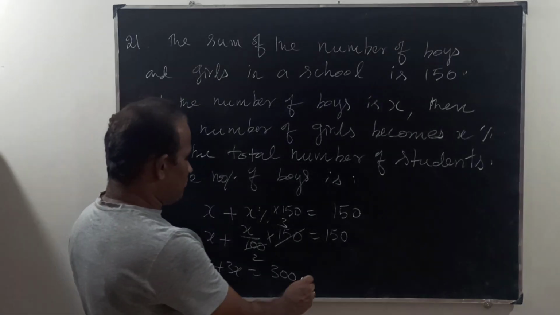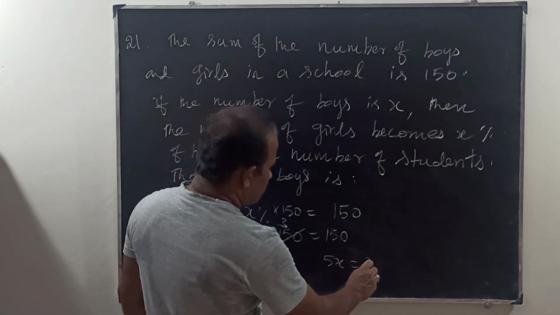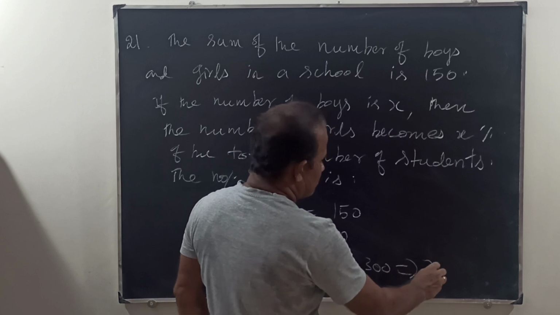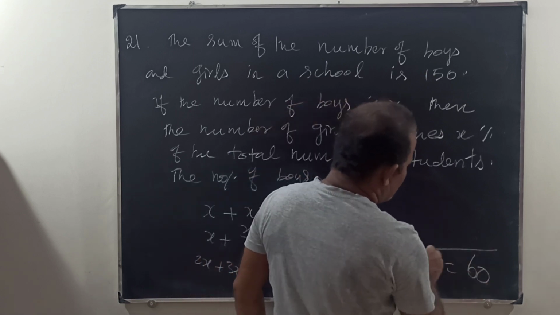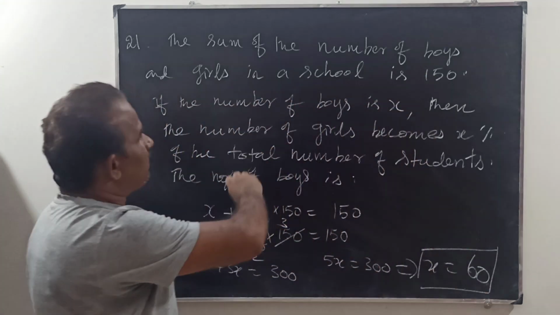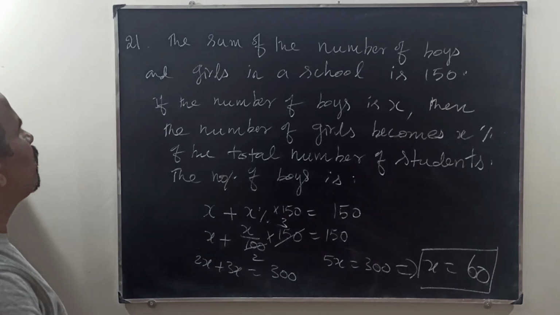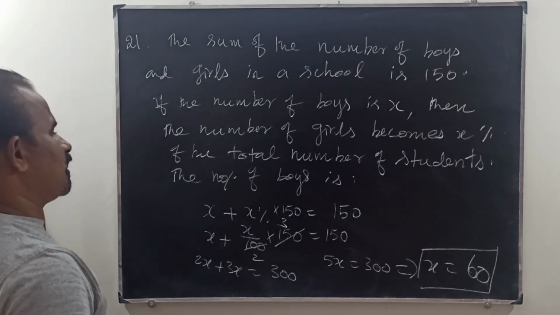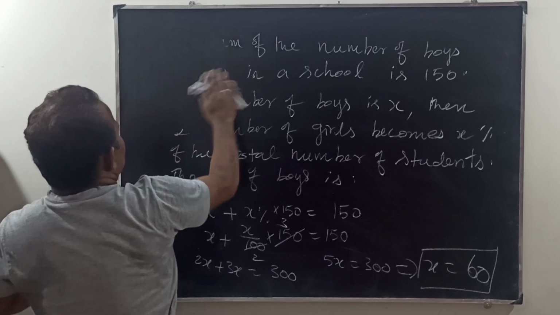Therefore 5x is equal to 300. This implies x is equal to 60. So therefore the number of boys is 60.